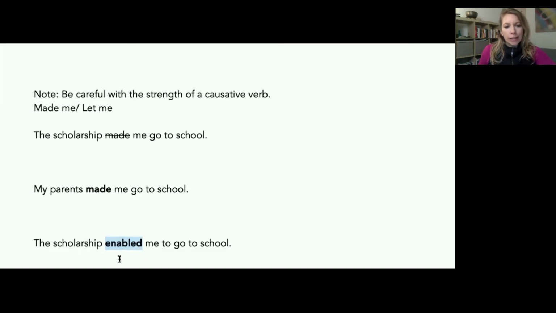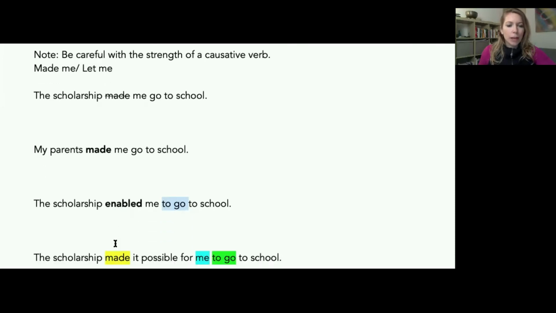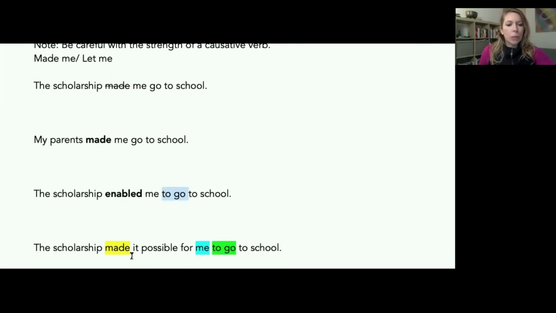And notice what happens. The "to" is back in the game, okay? So we will discuss these verbs in a moment that will actually take the "to," okay? Let's scroll down. If you really want to use make here as your verb, the scholarship made it possible for me to go to school, okay?